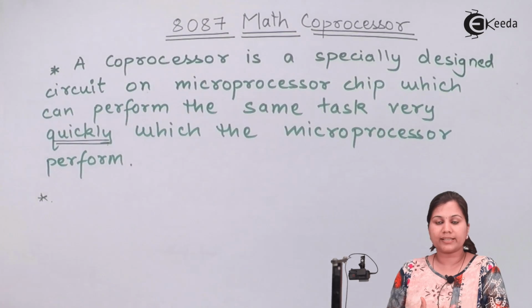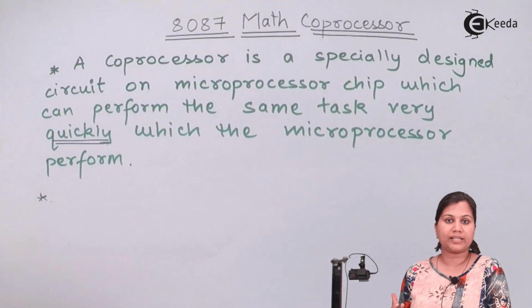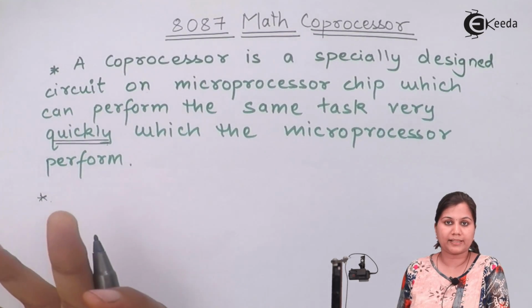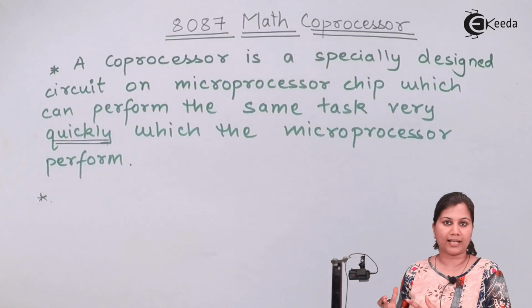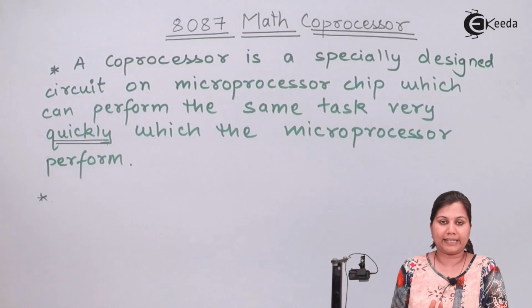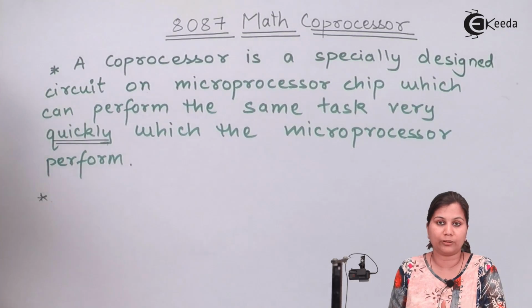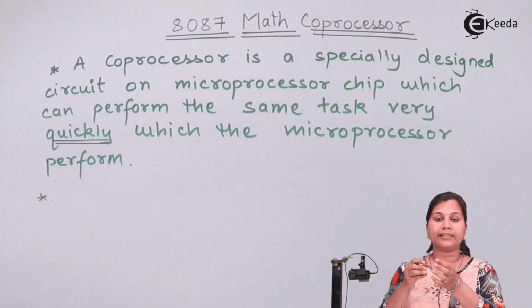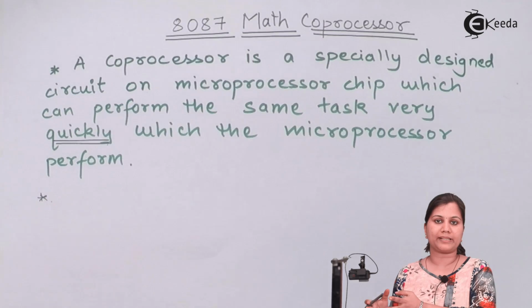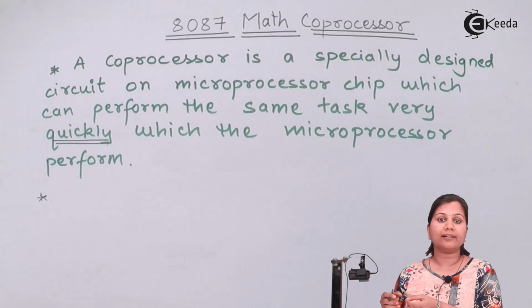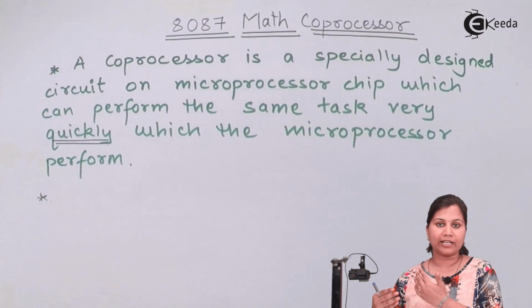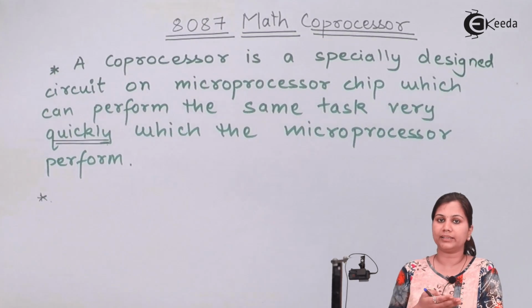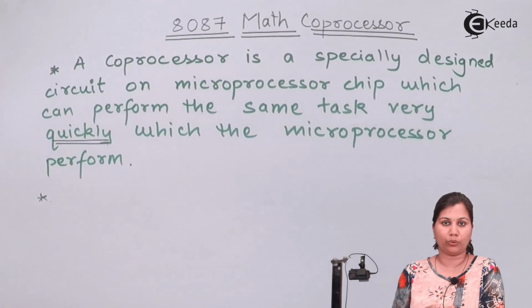How is this coprocessor helpful for the microprocessor? If the tasks performed by the microprocessor, like the arithmetic and logical calculations and all the numeric tasks, are performed by the coprocessor, then the workload on the microprocessor reduces, and the microprocessor can engage itself in other, more important tasks.